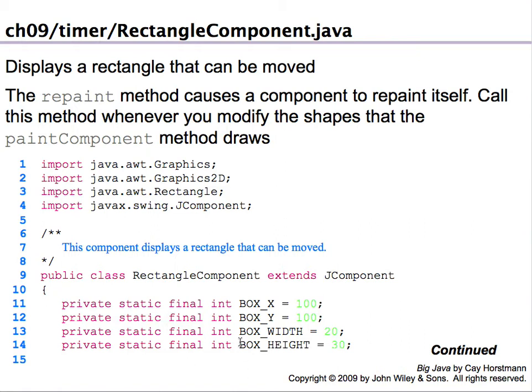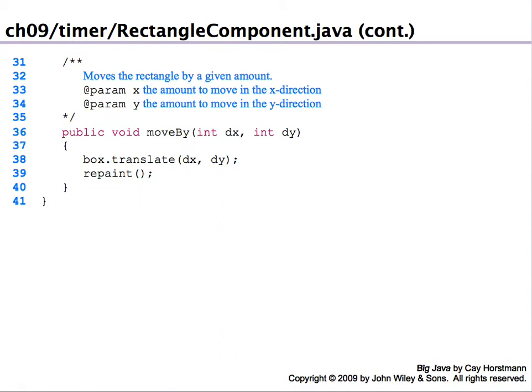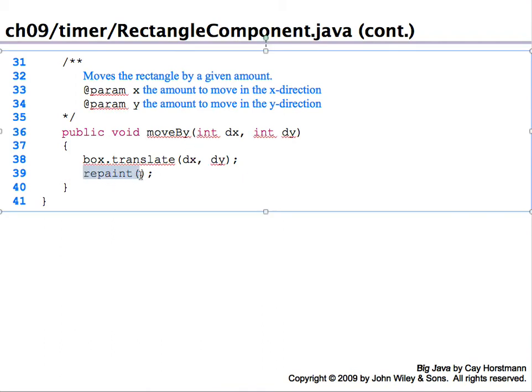So here is an example that displays a rectangle that can be moved. If you want to display a car that moves around, or animate, you can use the timer for that. Here is the rectangle component, and in its constructor you create a rectangle. In paintComponent you draw that rectangle, and then there is a method called moveBy, and you give it a delta x and y, and it moves the rectangle by that delta and calls repaint.